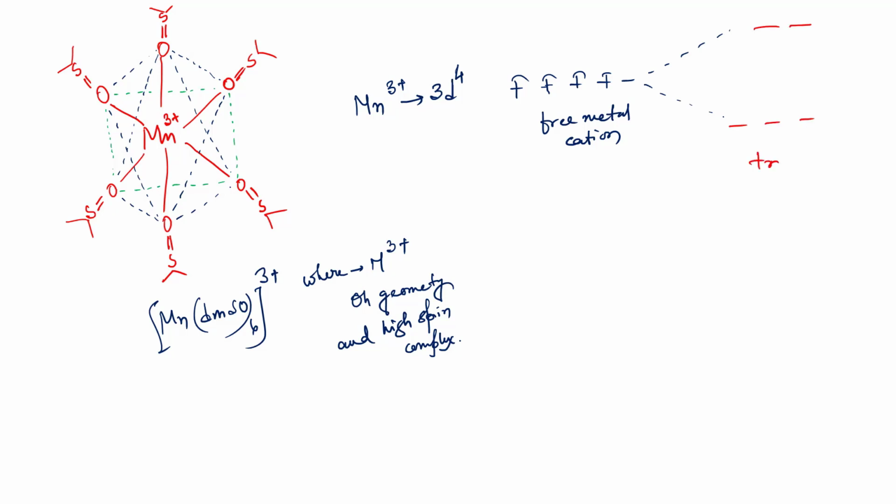This is the t2g set of orbitals and the eg set of orbitals, in the octahedral crystal field. The t2g set is formed by the combination of the dxy, dxz and dyz orbitals, while the eg set is formed by the dx2-y2 and the dz2 orbitals. Now we have to put these 4 electrons accordingly.